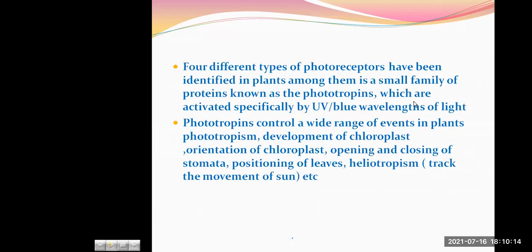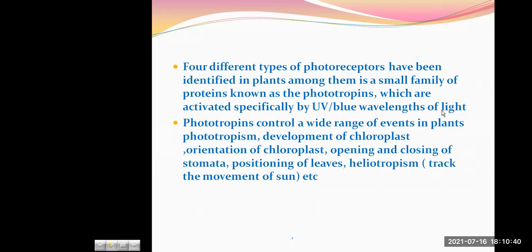There are 4 types of photoreceptors which have been identified in plants, and among them is a small family of proteins known as phototropins. This means that phototropins are actually a type of proteins which are activated specifically by 2 types of wavelengths. One is ultraviolet wavelength and the other is blue wavelength of light.